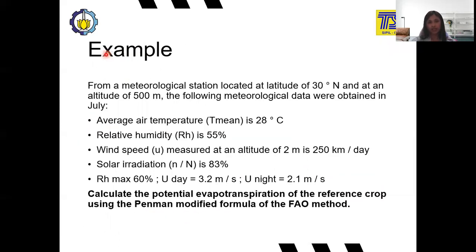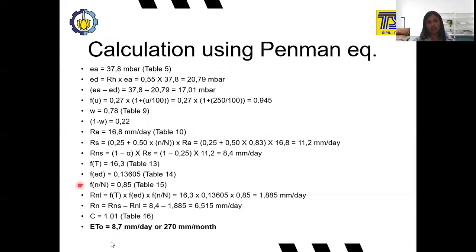And you can ask me if you have questions regarding the example or these key answers of this question.